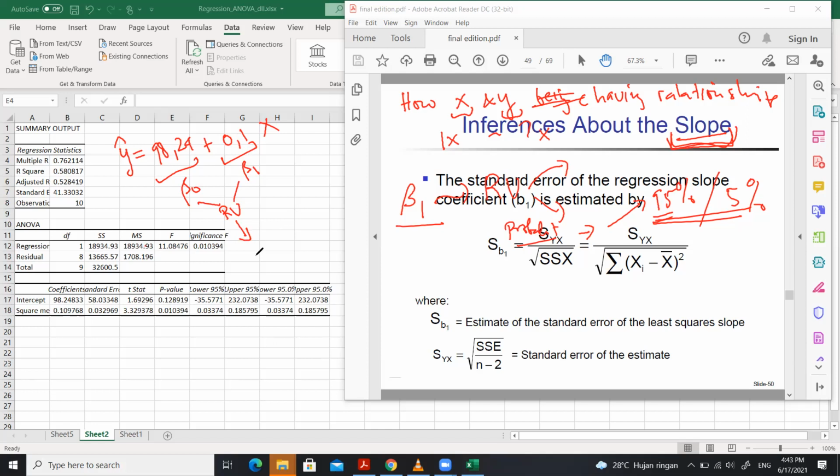Karena random variabel maka ada tingkat kepercayaan, dalam bahasa matematisnya ada probabilitas. There is a probability.